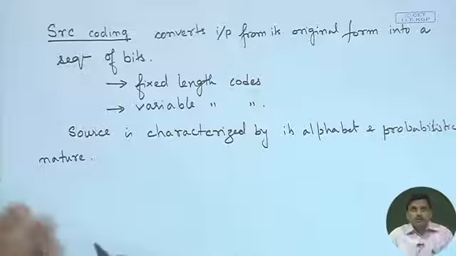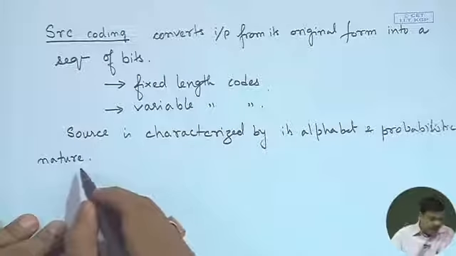For example, if I take again a very basic example, let us take A, B, C, D as the different source symbols, or let us say I have a source which generates 3 colors, red, blue and green. These 3 symbols could be R, G and B, and then we can assign certain probabilities that out of all possible things that are coming out, 30% of them are red, 30% of them are green and 40% of them are blue.